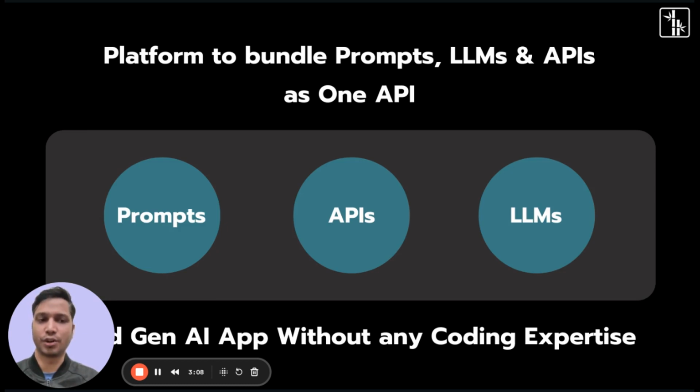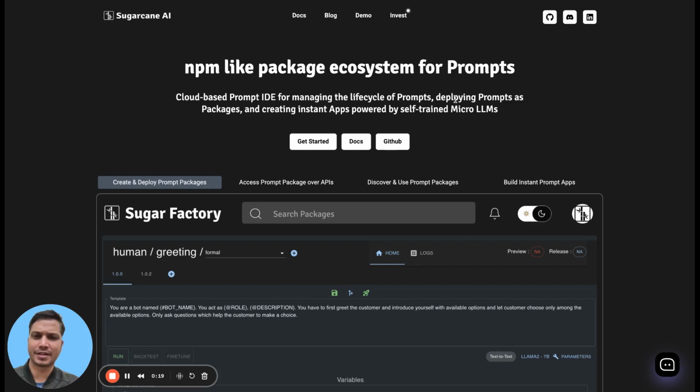Sugarcane AI is a no-code platform to bundle prompts, LLMs, and other APIs as a single API and launch a generative AI application without any coding experience. Sugarcane AI helps you to build your first generative AI application 20 times faster. So let's start building our first Gen AI application.